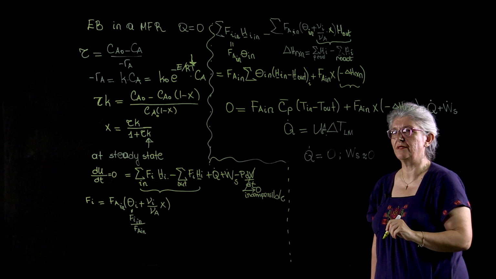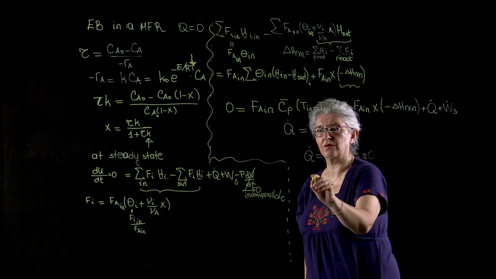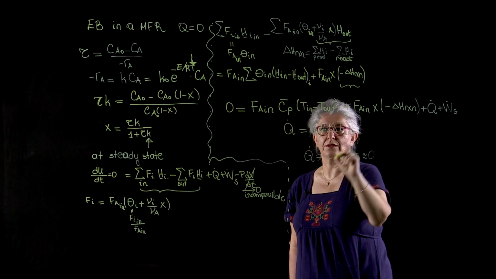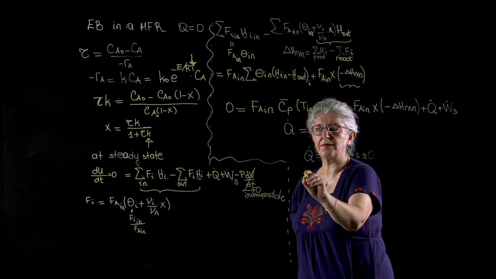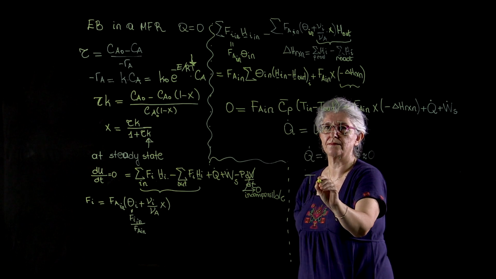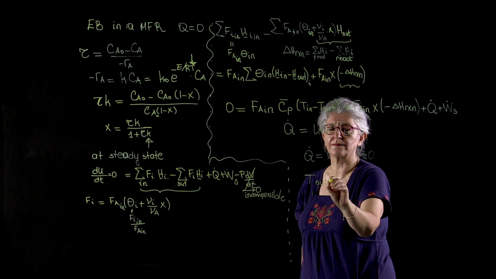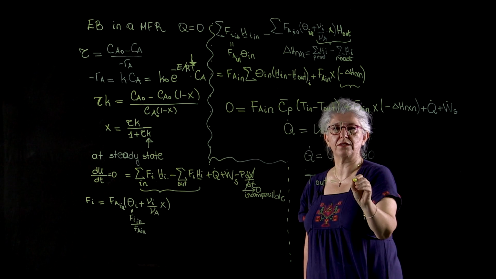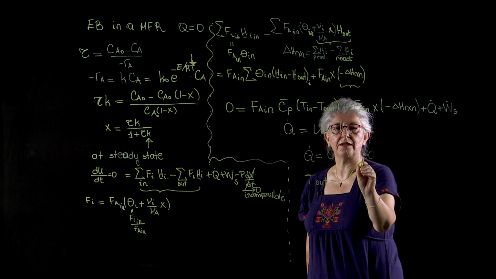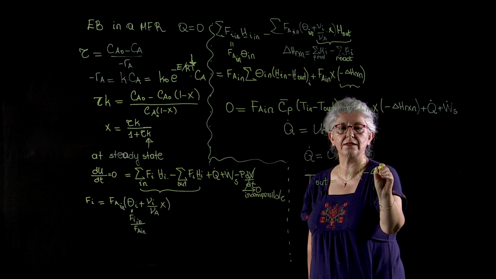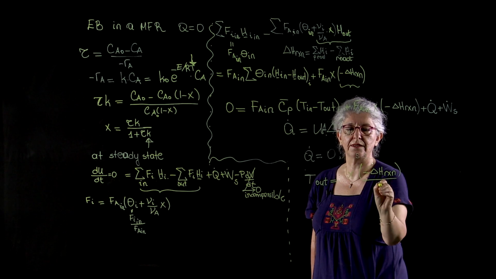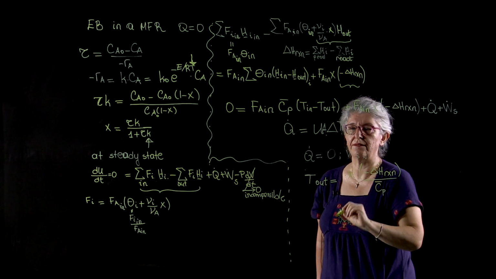Our expression simplifies to a relationship between the outlet temperature and the rest of the reaction parameters: x times minus delta H reaction divided by the average heat capacity.